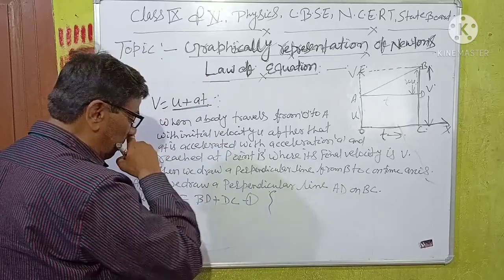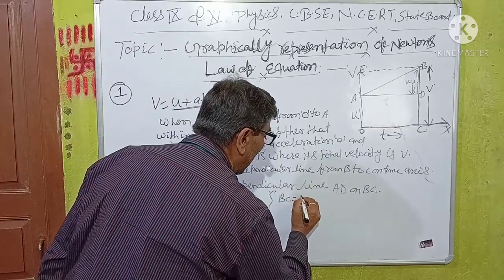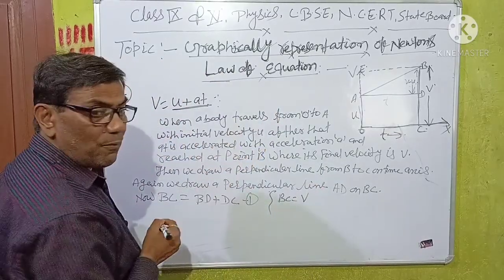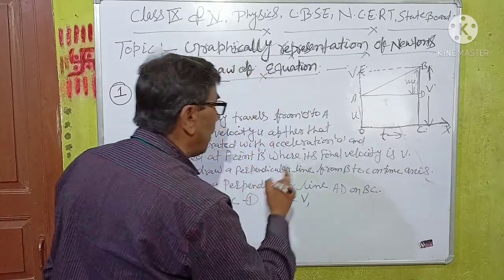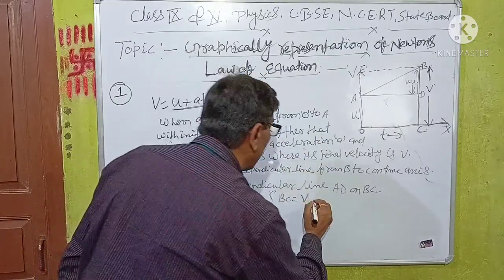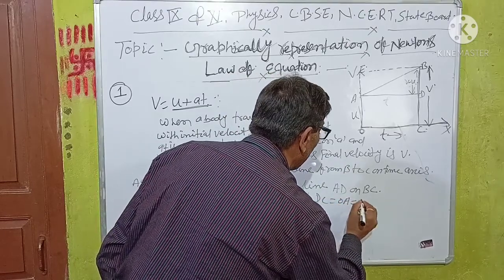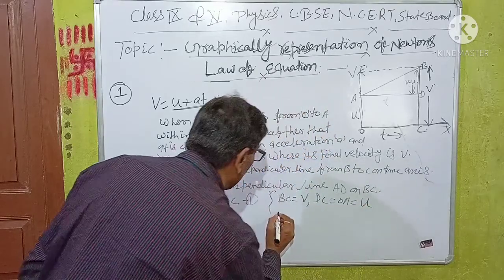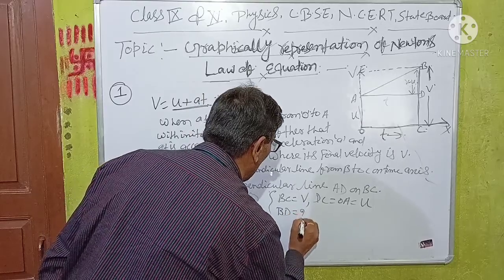Here BC represents the final velocity V. DC is equal to OA, represented by initial velocity U. Then we can find BD is equal to what?